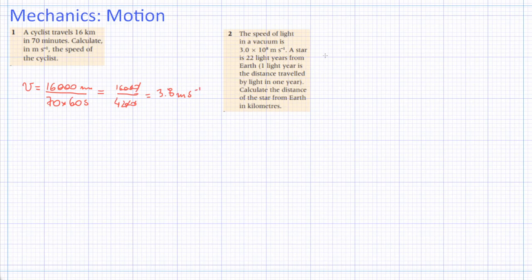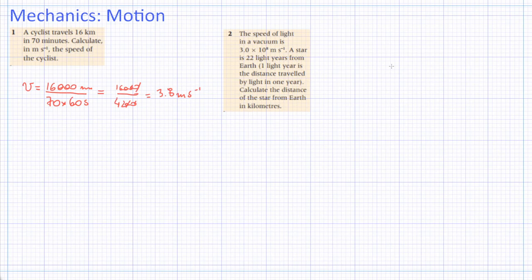Now the second example here: the speed of light in vacuum is 3 times 10 to the power of 8 meters per second. A star is 22 light years from Earth. 1 light year is the distance traveled by light in 1 year. Calculate the distance of the star from Earth in kilometers.